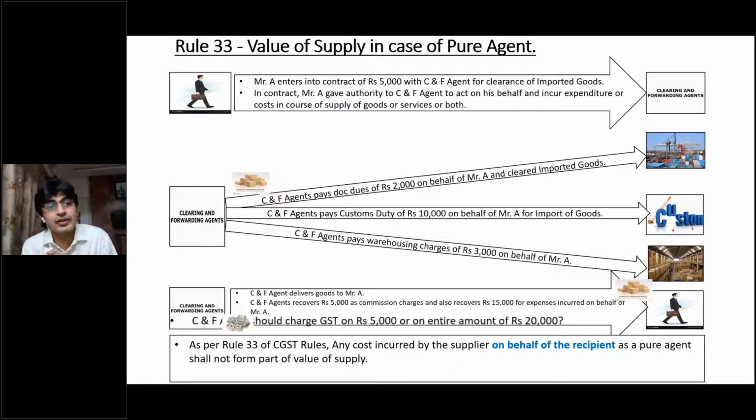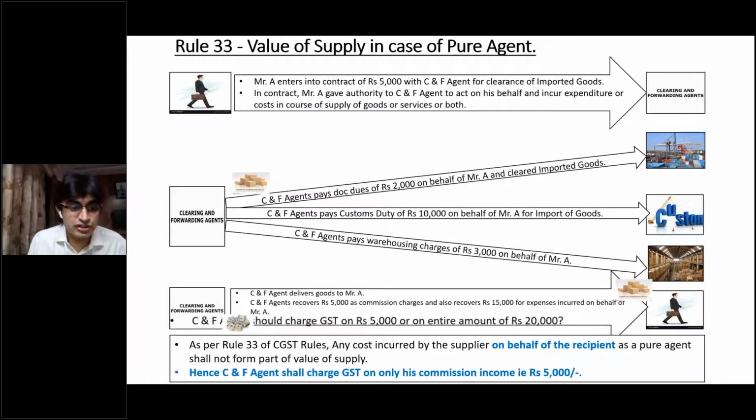So these were all expenses of Mr. A, who was responsible to pay. The CNF agent just paid on his behalf. So GST shall be applicable only and only on the commission amount of 5,000. Those 15,000 were expenses of Mr. A. The CNF agent is just taking reimbursement. On the 15,000, GST is not levied.